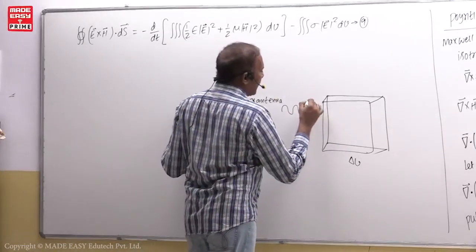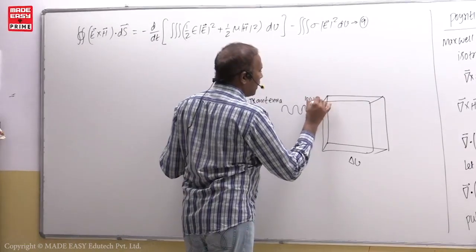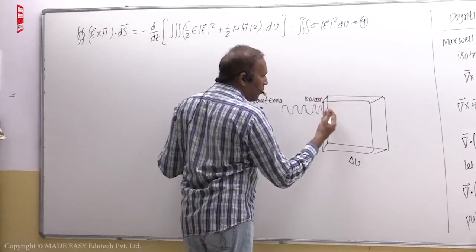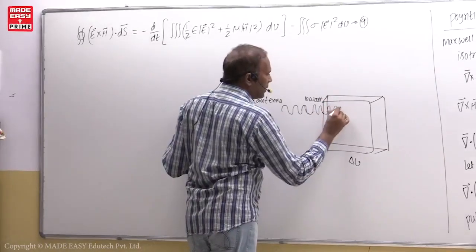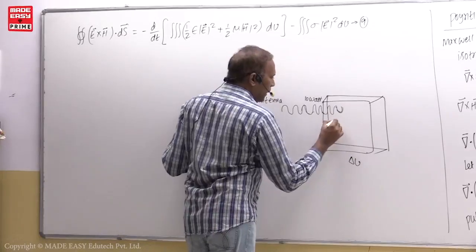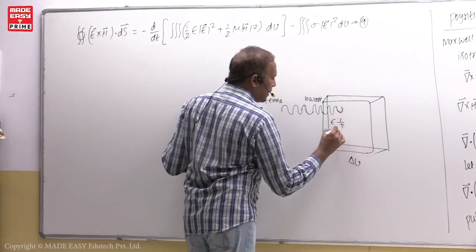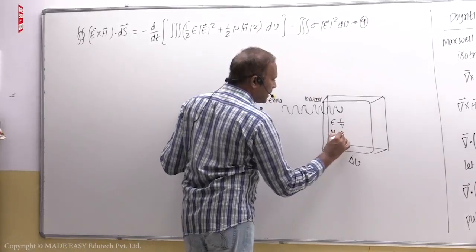Let us say it has 10 watts power. That power enters into this, and here epsilon means capacitor, and mu means inductor.